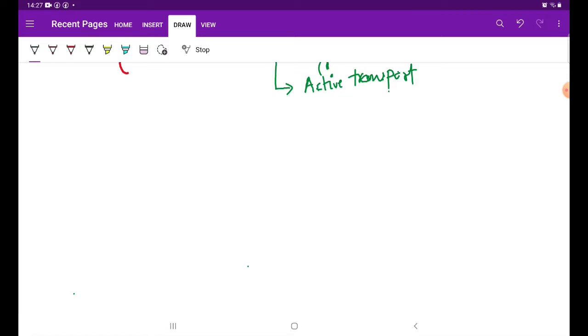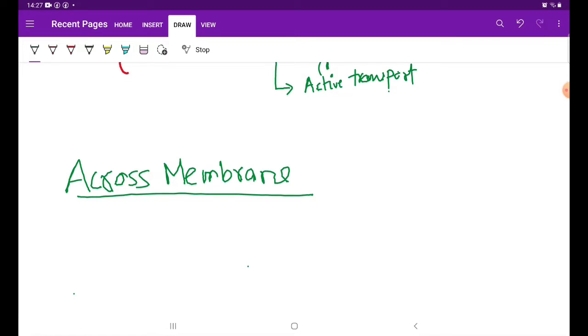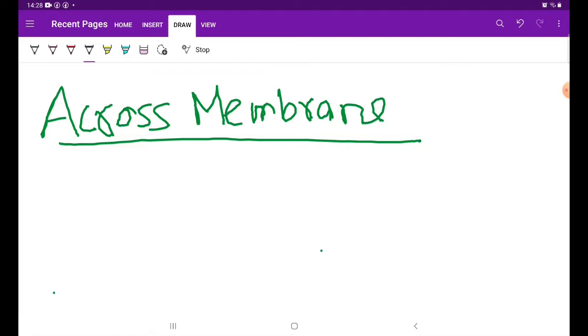Okay, so first we will be discussing across the membrane. Across the membrane, the transport happens. In this particular case, mostly a vesicle will be formed in the membrane, and then the thing gets transported from the membrane inside.